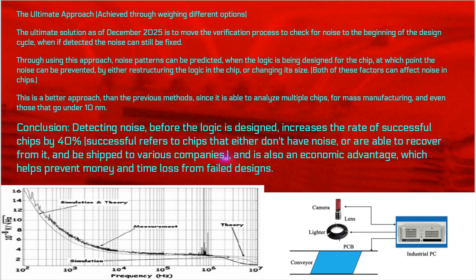When it is detected, the noise can still be fixed. Essentially, you're reversing the design structure: instead of doing the verification for noise at the end, you move it to the beginning, specifically the logic part of the design. If noise is detected, you can still fix it, and the chips don't have to be thrown away.